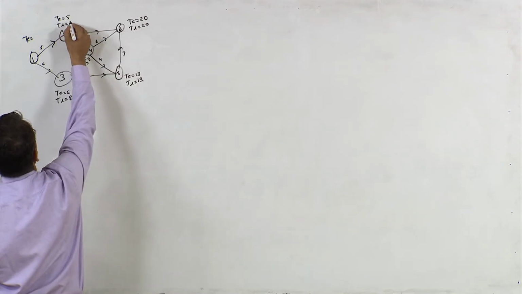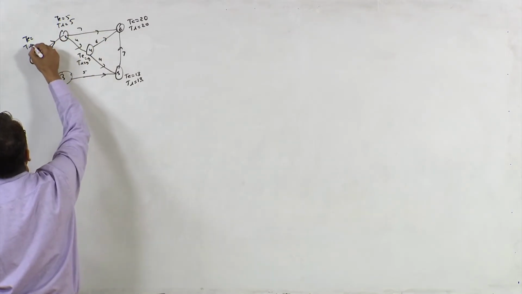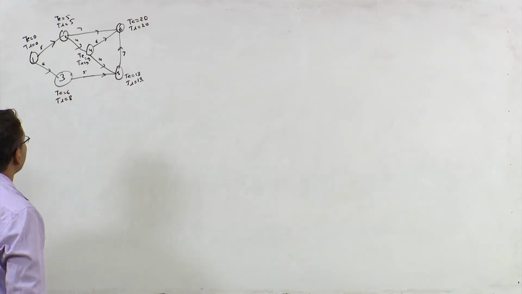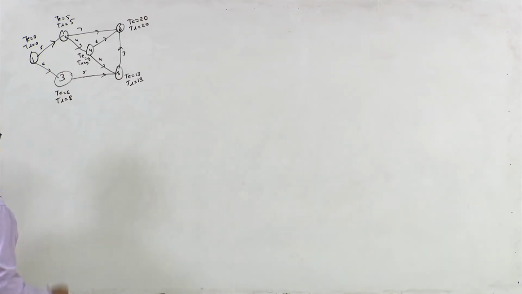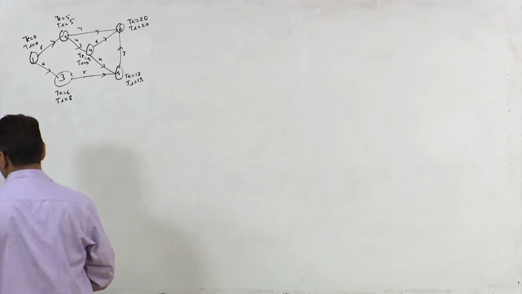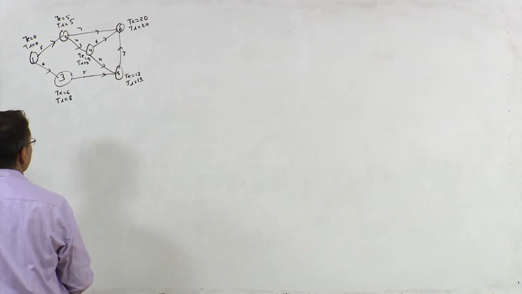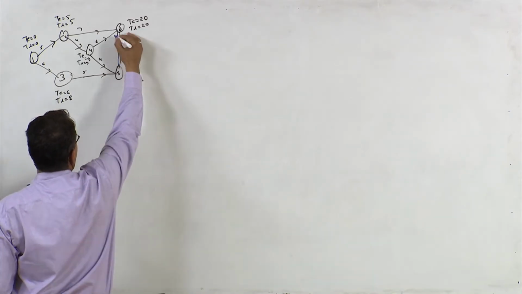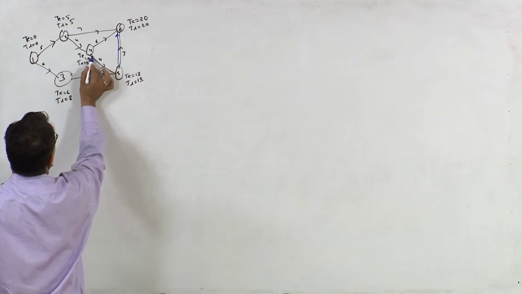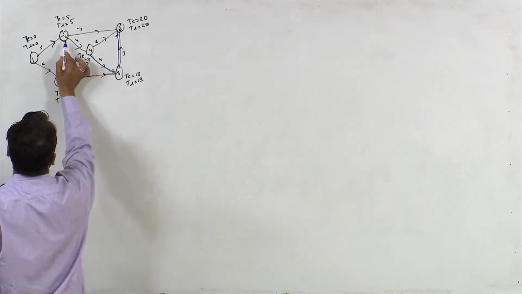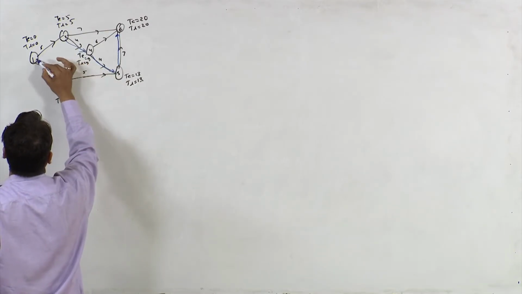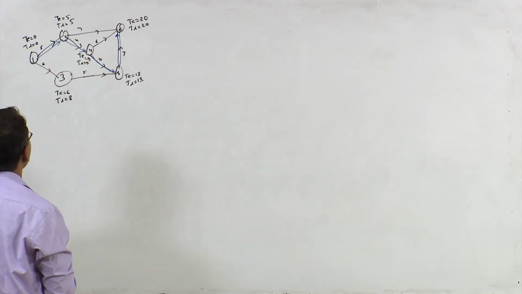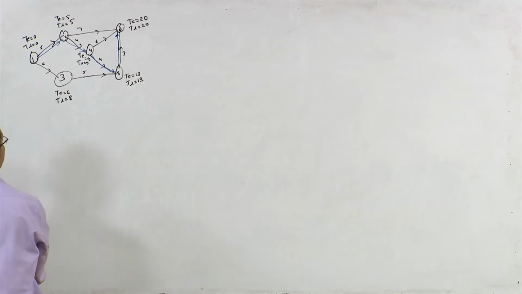So TL here is 5 and TL here is 0, right? So which path is the critical path? This path is the critical path. Right. So the critical path is 1 2 4 5 6, right?